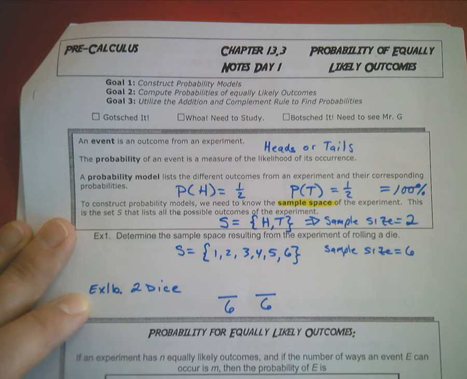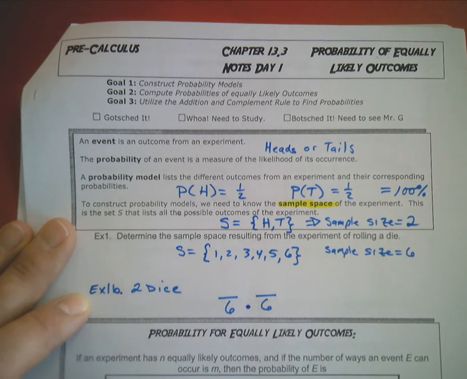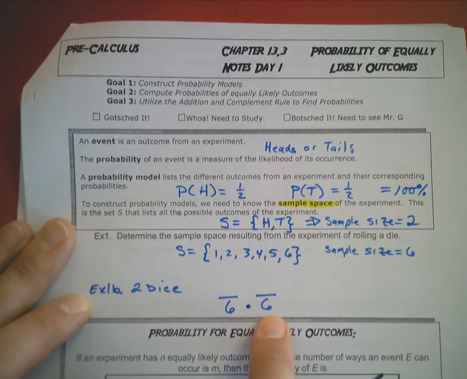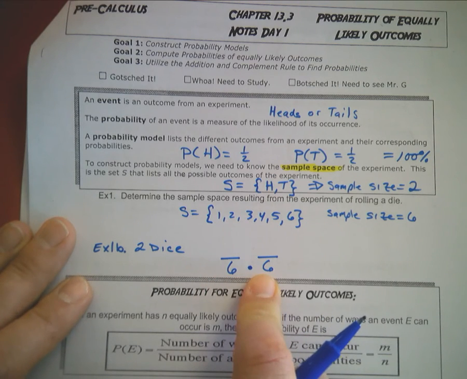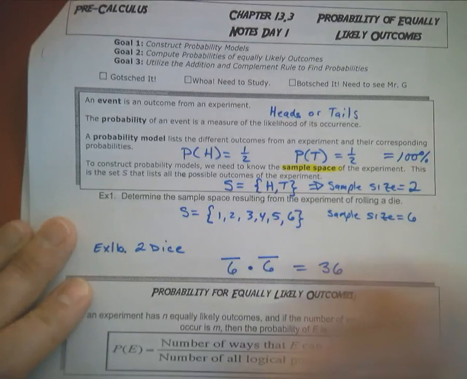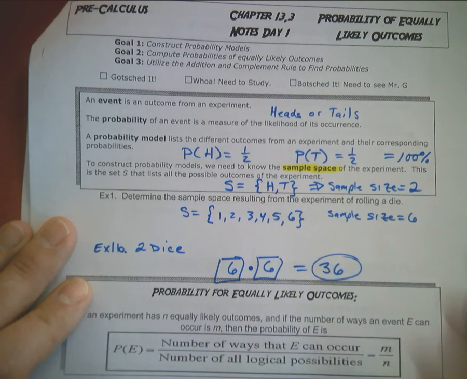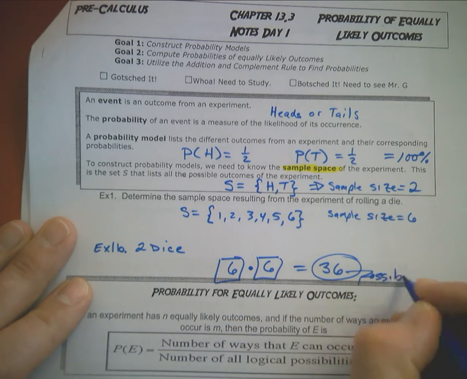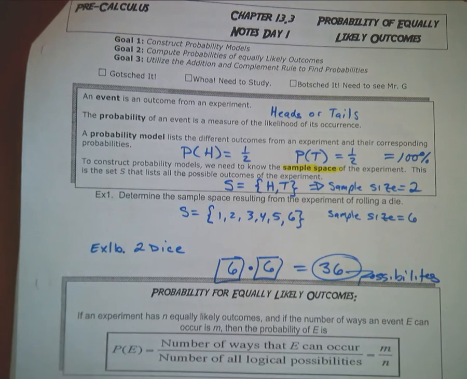Well, what do I do with those? We multiply them together, right? This is my appetizers, this is my entrees. This is how many choices I have for the first die, 1 through 6. This is how many choices I have for the second one, 1 through 6. And I multiply them together, and I get 36 possibilities. Multiplication principle of counting.